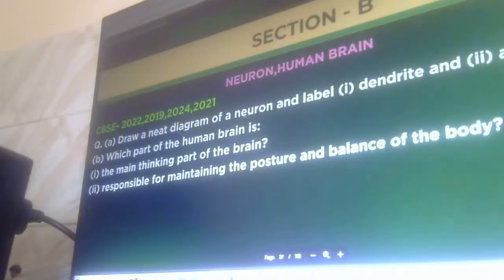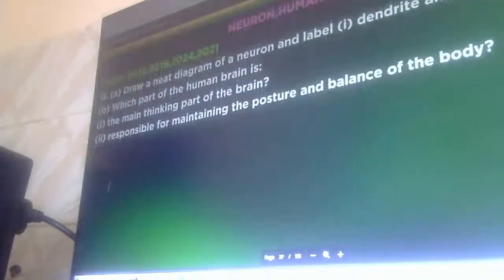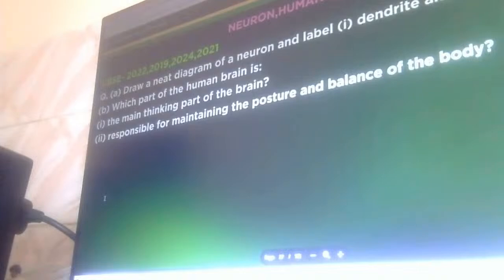Oh, neuron. Neuron is fine, I guess. Okay. I want the neuron diagram and the amoeba diagram. Amoeba, not reproduction, binary fission I don't want. I want the amoeba nutrition diagram and the neuron diagram. Cerebrum is the forebrain. The thinking part is the forebrain, cerebrum. Cerebrum, right?